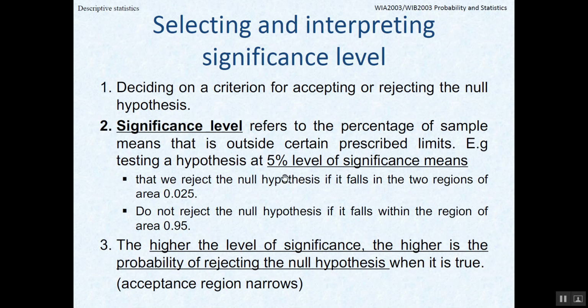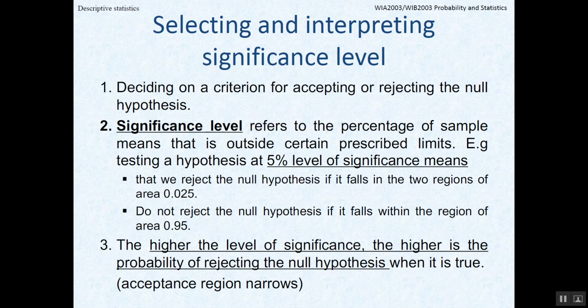So basically your significance level is determined by you, the person who is conducting the experiment or the statistical analysis. If you set 5%, then you reject if it is less than 0.025.